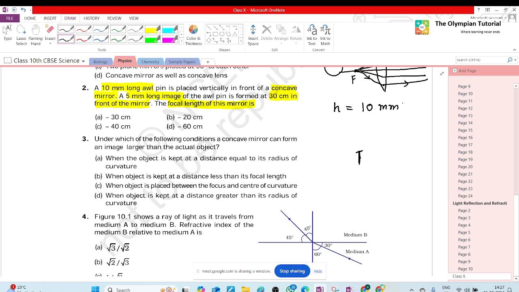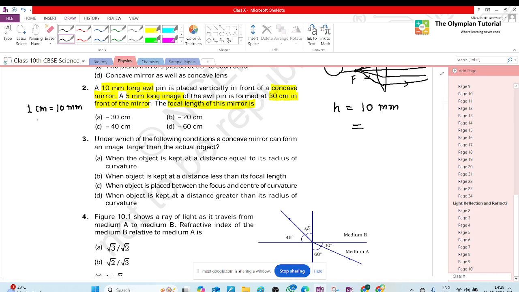Ma'am, we should convert this, right? Yes, into centimeter. So 10 millimeter is equal to... 100 centimeter? No, sorry. No, beta. 1 centimeter is equal to 10 millimeter.